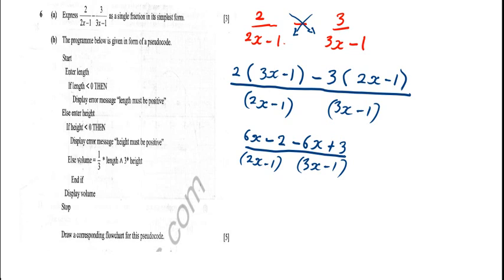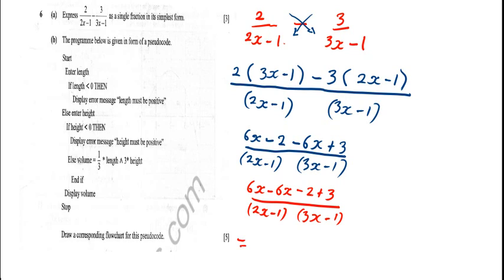So you can now collect the like terms. Collecting like terms, we have 6x minus 6x minus 2 plus 3 over 2x minus 1, 3x minus 1, like that. 6x minus 6x, we are getting 0.